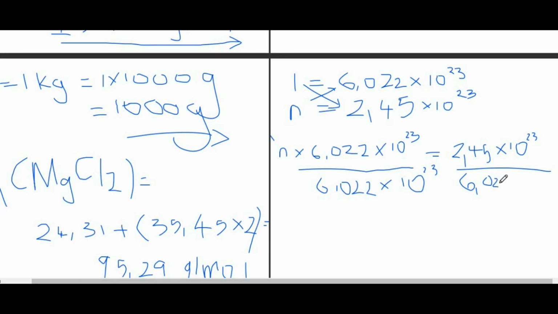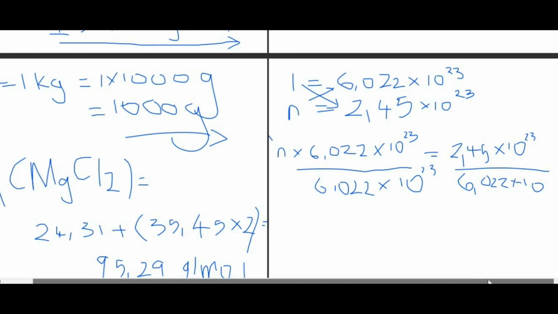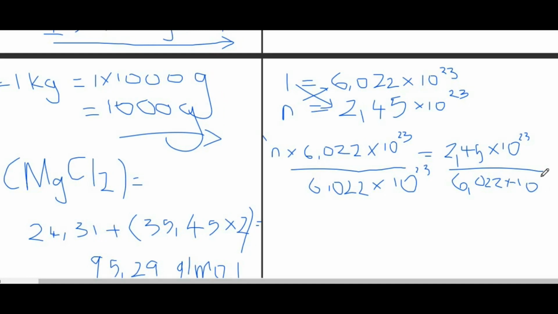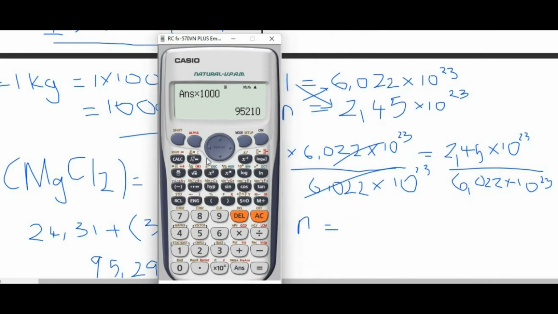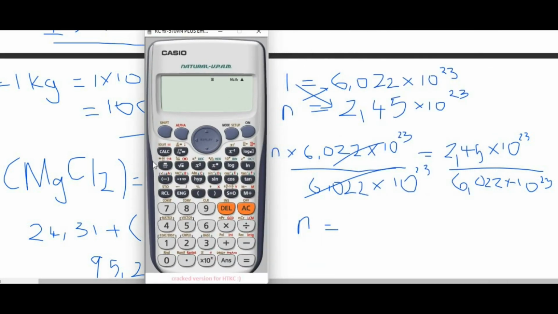So there you are. Multiply. Oh, that's a multiply. Doesn't look nice, but I hope you are able to follow with me. Divided by 10 to the power of 23. This is just going to divide that. You are left with n, and then just put this expression in the calculator. So if we do that, you will say okay, clear.